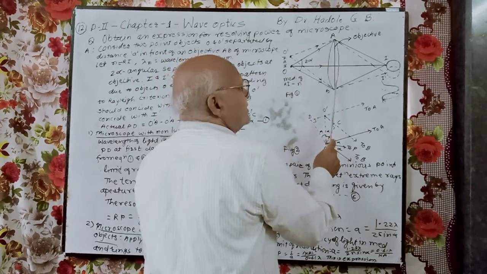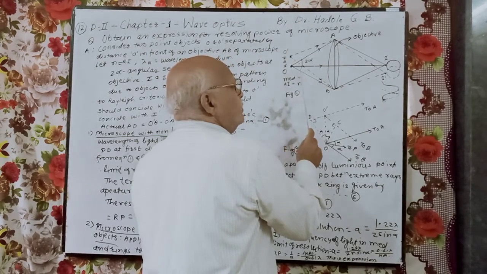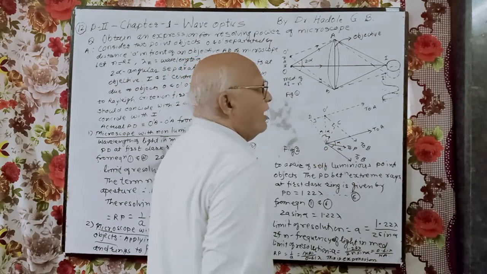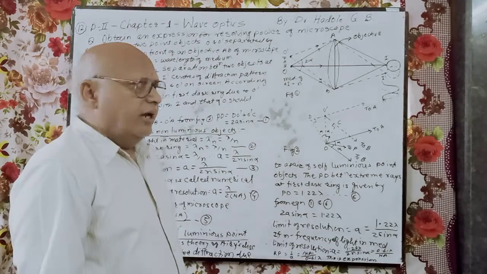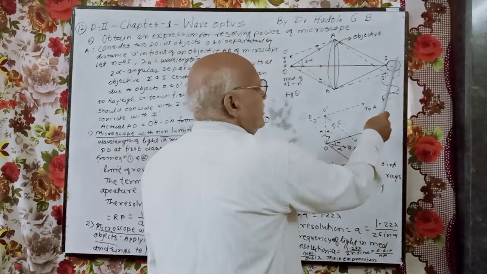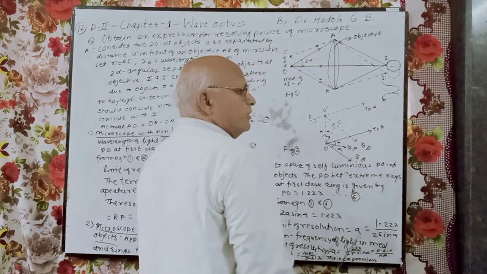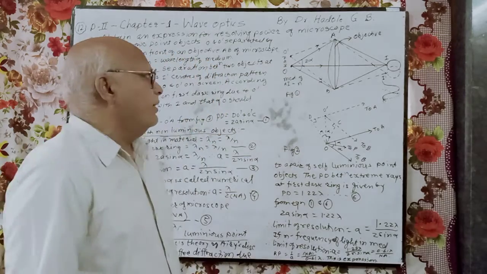After passing through this lens, the light coming from point object O converges at I, and here a diffraction pattern is obtained, shown by the continuous line.